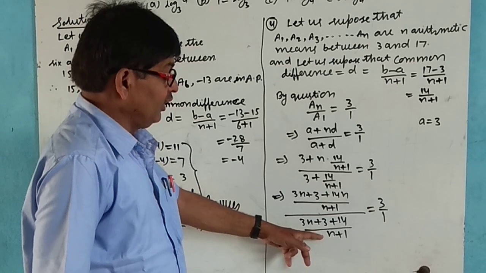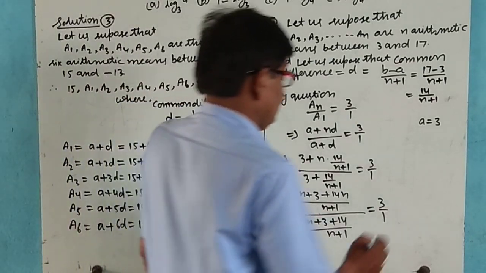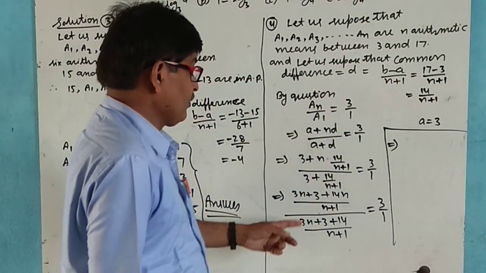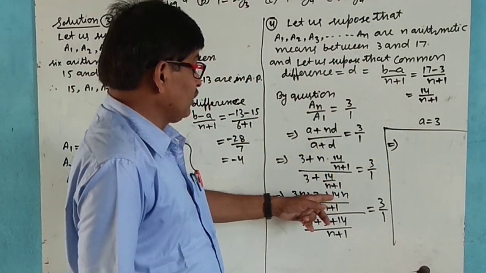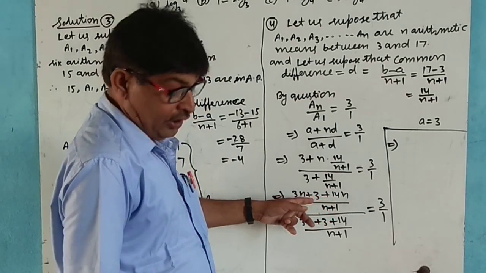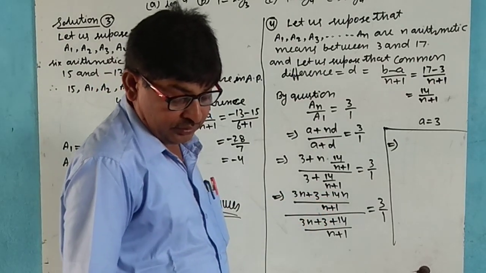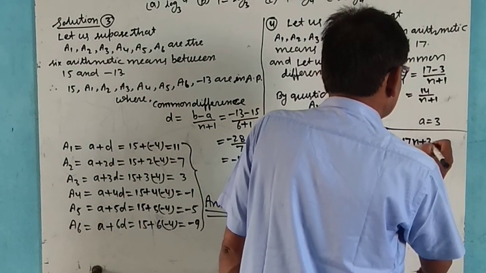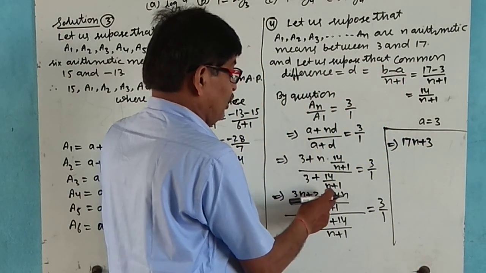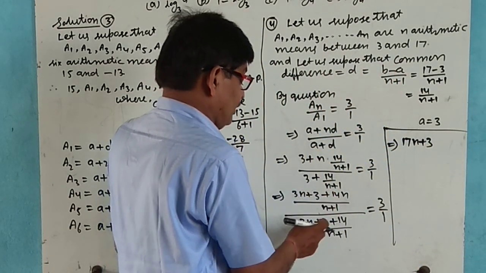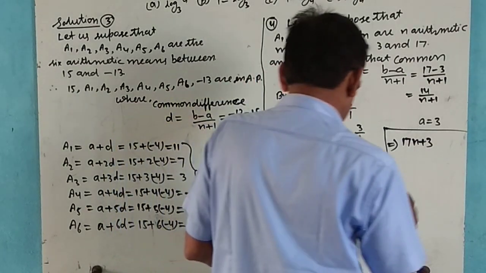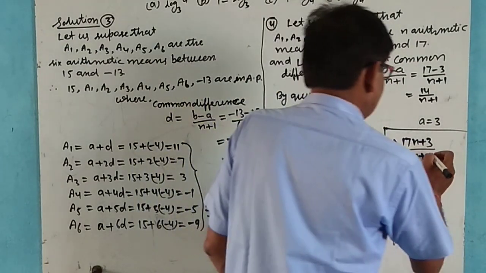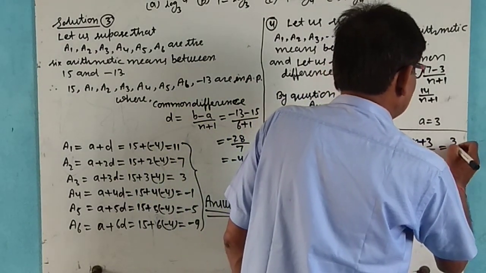N plus 1 and n plus 1 cancel, implying 3n plus 14n is 17n plus 3, divided by 3n plus 17 equal to 3 by 1.